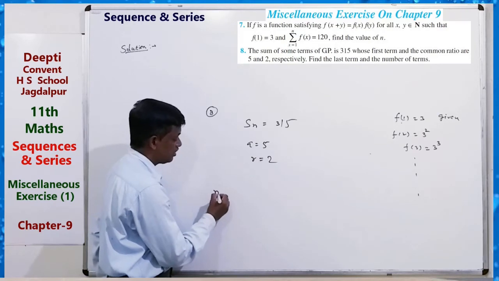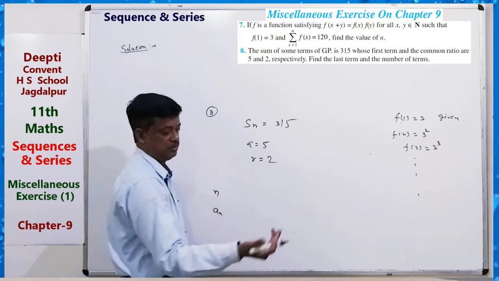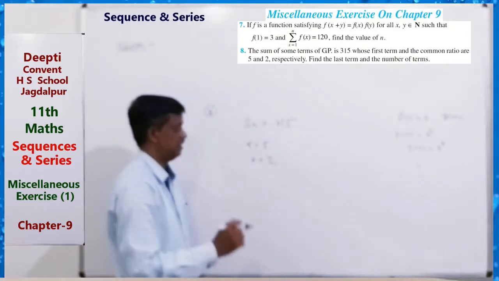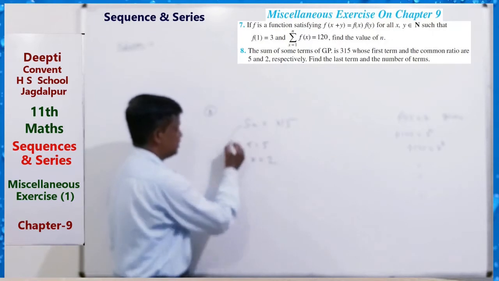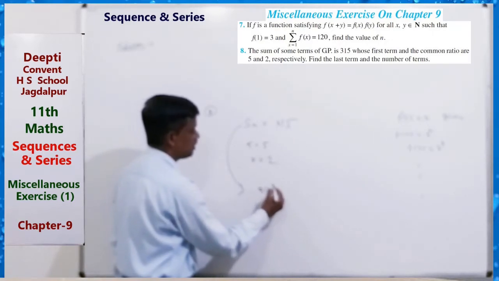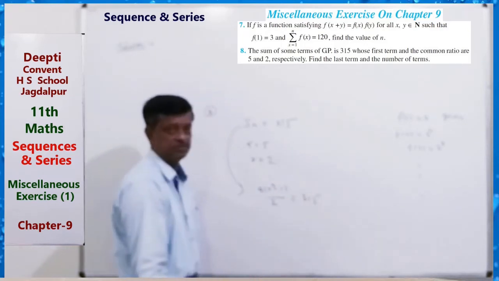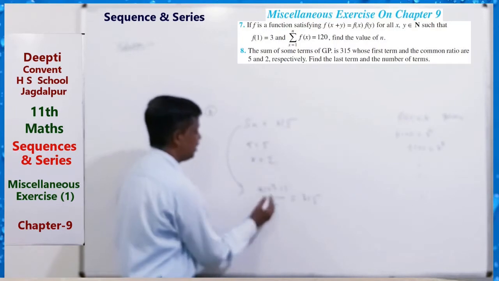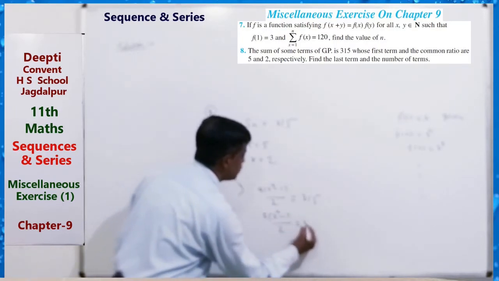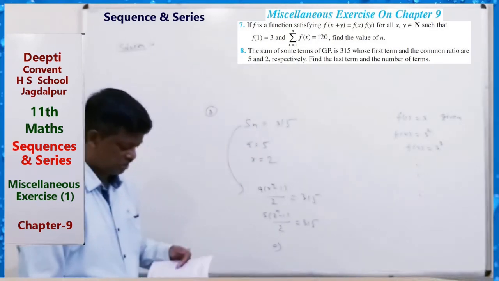If there are n terms, then the last term is the nth term. So we have to find n first, using the Sn formula with R equals 2: A into (2 to the power n minus 1) upon (2 minus 1) equals 315. Use this formula with A equal to 5. You can solve it just like in the previous question.